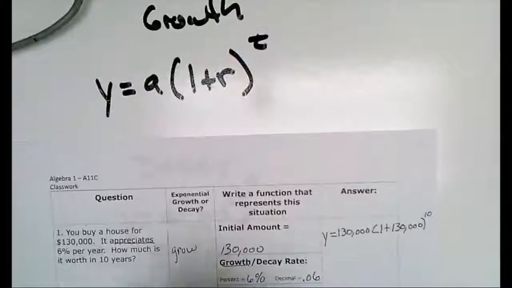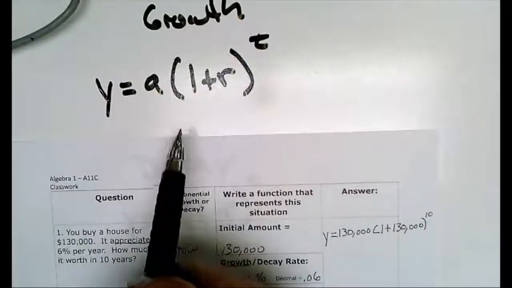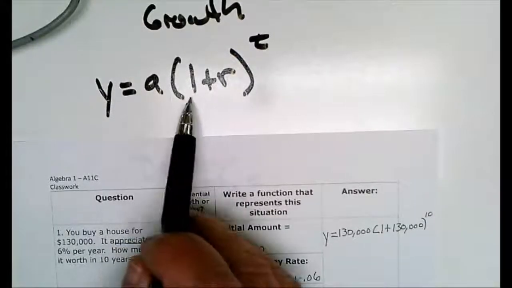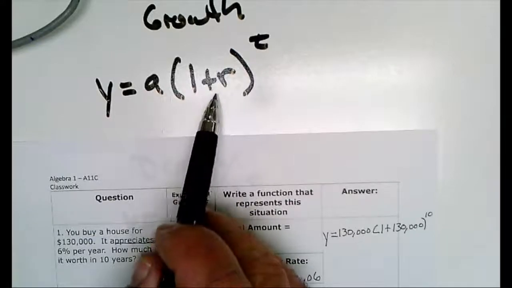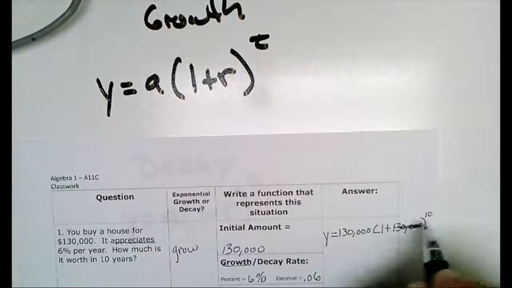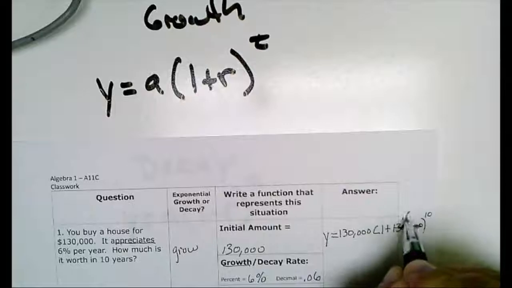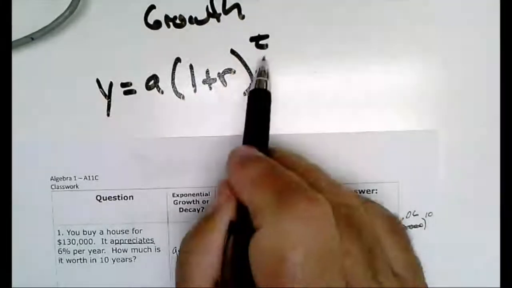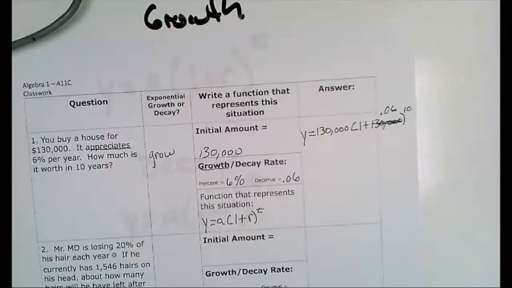Okay? Remember, with growth, original amount, 1 plus the rate, which is 6%. Sorry, I should have done that, 6%. Even I make mistakes. To the t power. Okay? So now we have to figure this out.